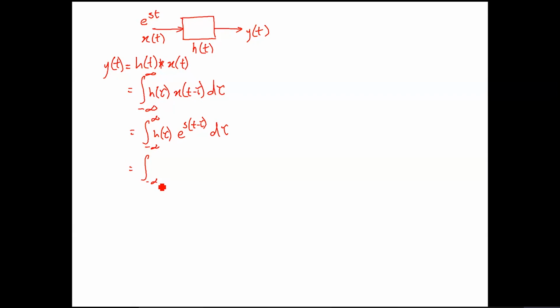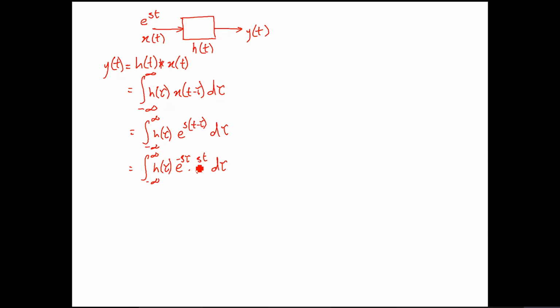So we can just write it as the integral from minus infinity to infinity of h of tau e raised to the power of minus s tau multiplied by e raised to the power of st d tau. So two parts, we can just break it like this.